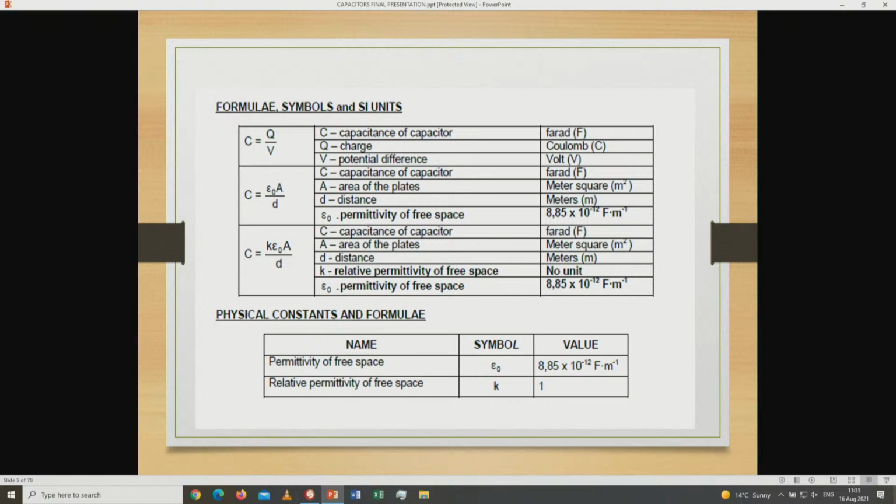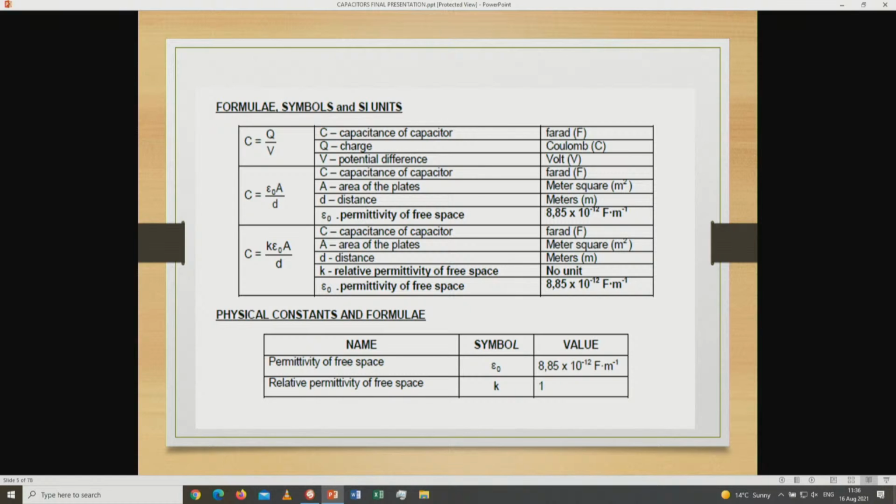A farad is a big unit, so normally you'll find microfarad or picofarad, depending on the problem that you'll be given. So you'll have to convert microfarad to farad so that you substitute in the correct SI unit.